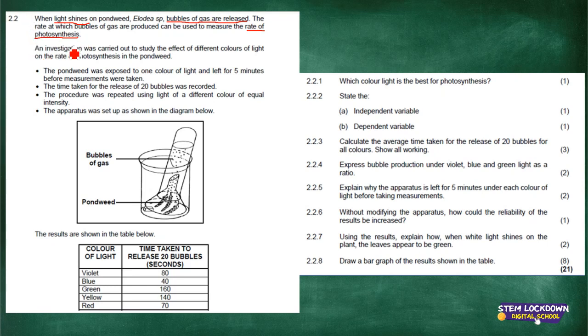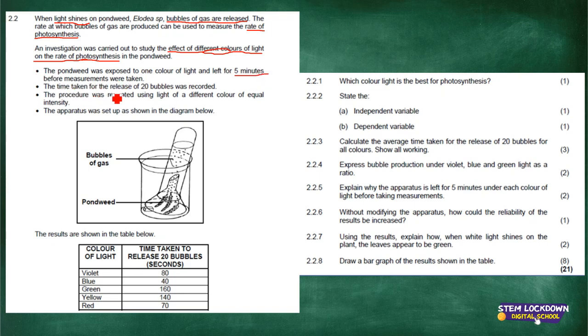So, an investigation was carried out to study the effect of different colors of light on the rate of photosynthesis in pondweed. The pondweed was exposed to one color of light and left for 5 minutes before measurements were taken.